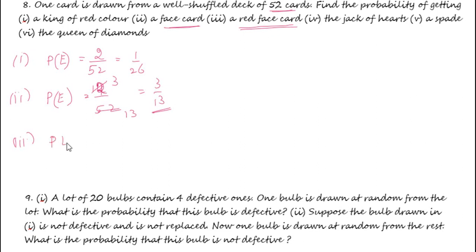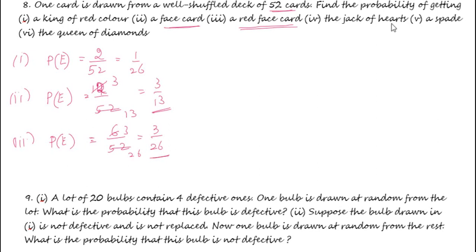Probability of this event is favorable outcomes 6 divided by 52. So this will be 3 by 26. 3 by 26 is the answer for this.